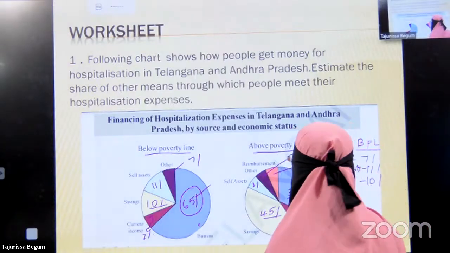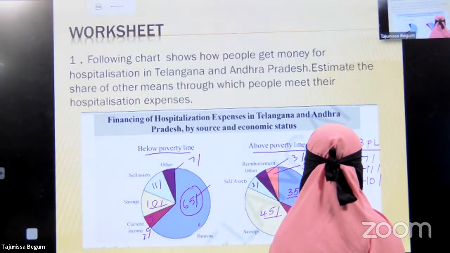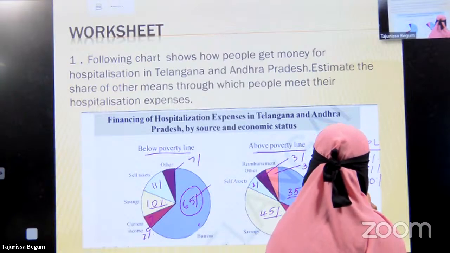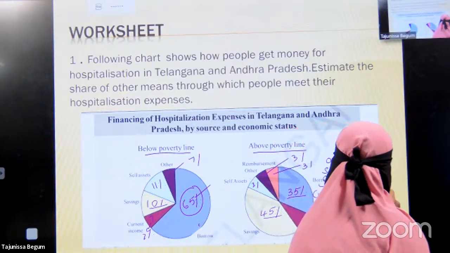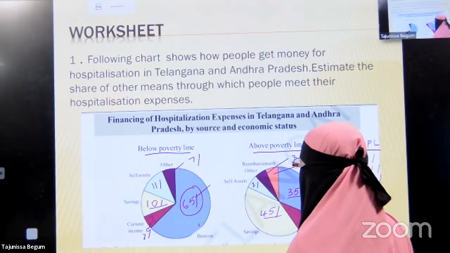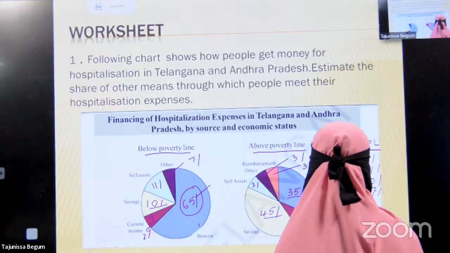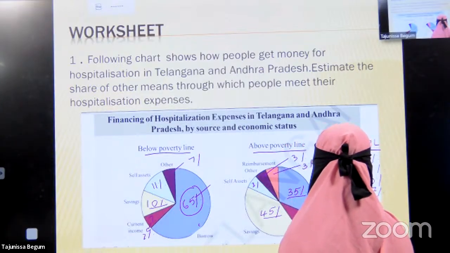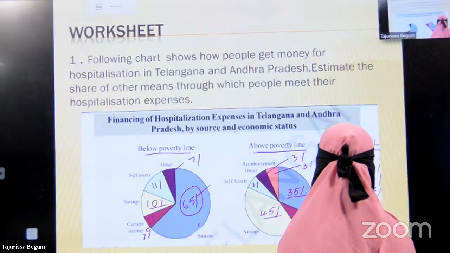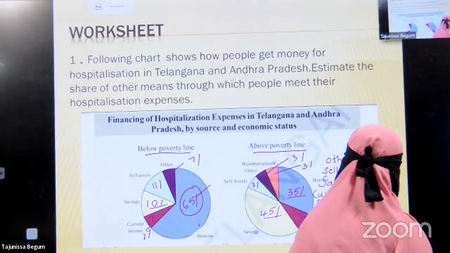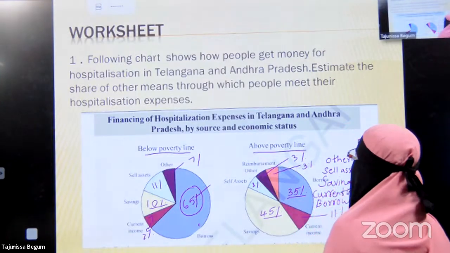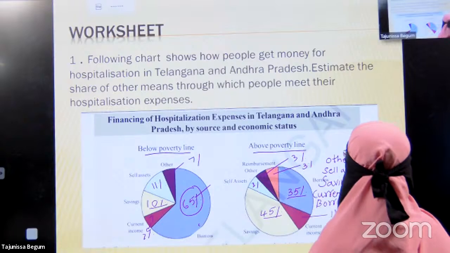And current income, present income, how much are they having? They are having 7%. Whereas how much are they borrowing? They are borrowing 65%. Just make a note here. They are having 65%. This is about the BPL.